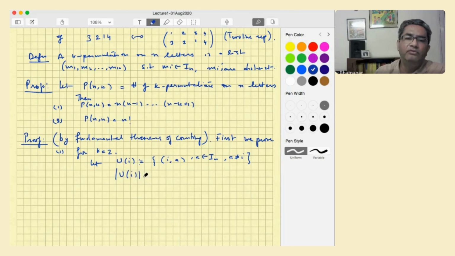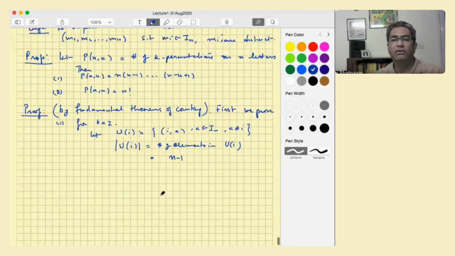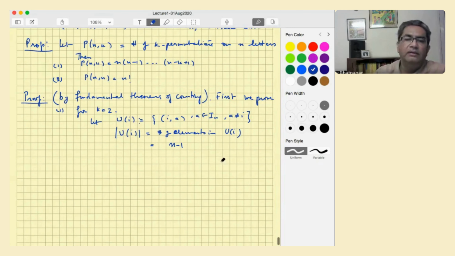And the number of elements here, this is the number of elements in U_i. This is how many? N minus 1. Yeah, i is fixed, so the rest count for n minus 1. So this is true for every i. Right?